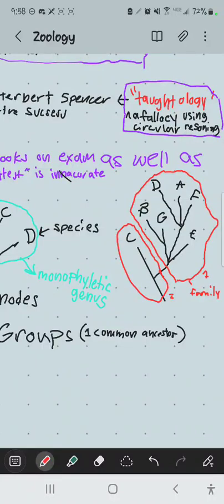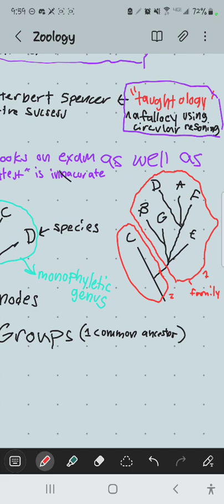There. Now, as far as families go, this actually ends up being pretty easy. I could take the easy route and just say, well, they're all one family. I'm just going to come up with one family name, even though we already know they're all the same order. That's okay. There's nothing wrong with that. There's groups called lumpers. Scientists that are lumpers tend to include everything in one name, so they can come up with fewer names. There are also scientists that are splitters that like to come up with more names.